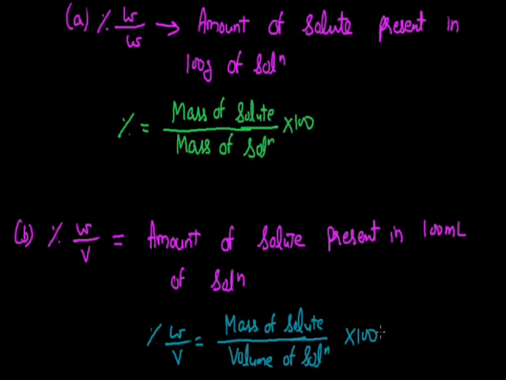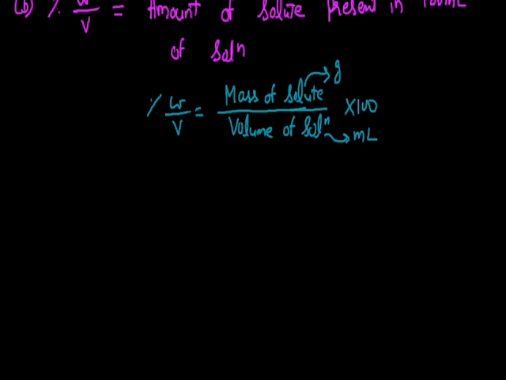While dealing with this percentage mass by volume, we have to pay attention to this: the mass of solute is always taken in gram, while the volume of solution is always taken in ml. Same as when we deal with percentage weight by weight or mass by mass, we always take the mass of solute in gram, while the mass of solution is always taken in gram. So that is about the percentage mass by volume.